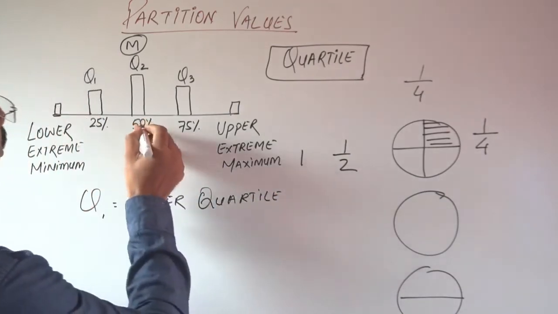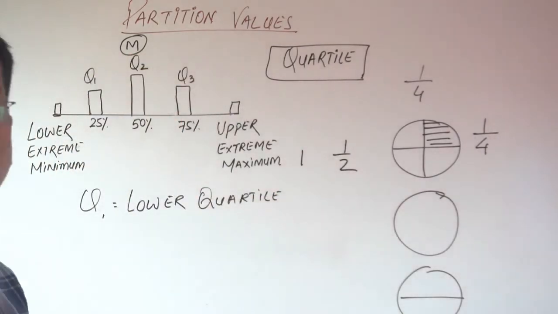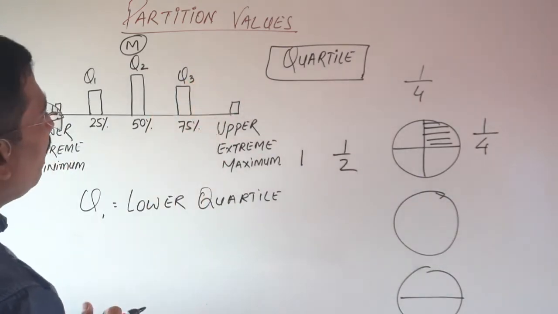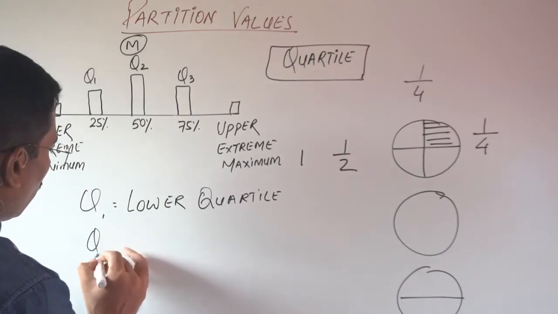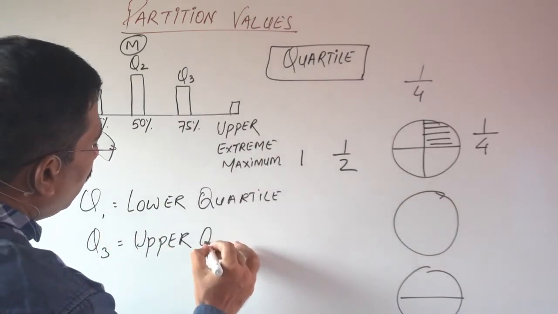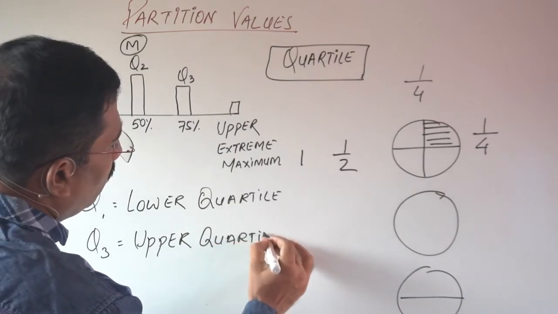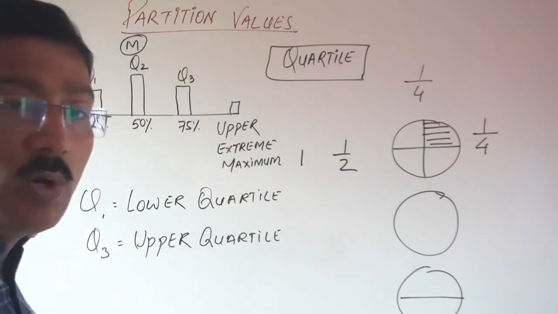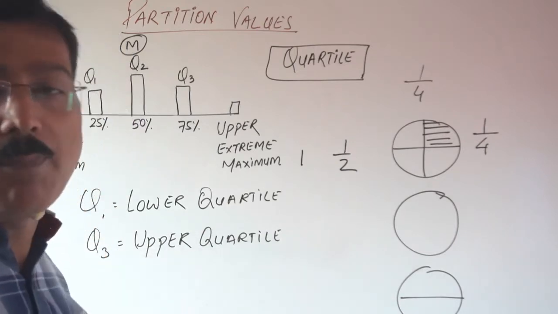Q2 is also called the median, which you have studied in the previous chapter. The third one is 75%, called Q3, or you can say the upper quartile. Very clear? Q1 is the lower quartile and Q3 is the upper quartile.